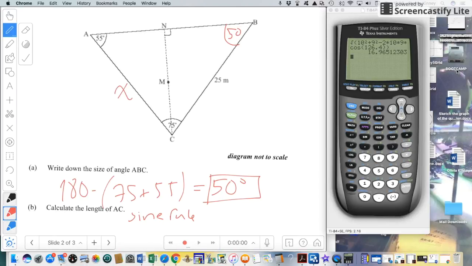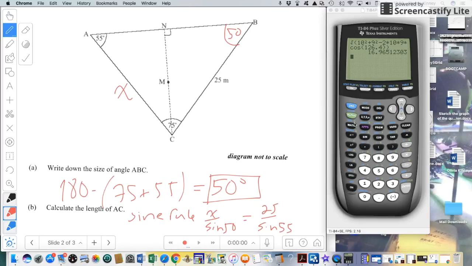X over sine 50 degrees is going to be equal to 25 over sine 55. Okay, so we should get something a little bit smaller than 25.